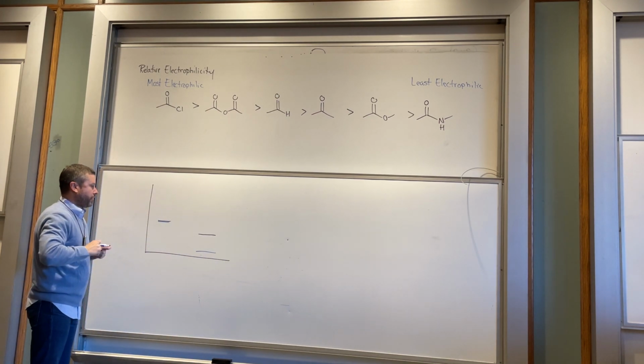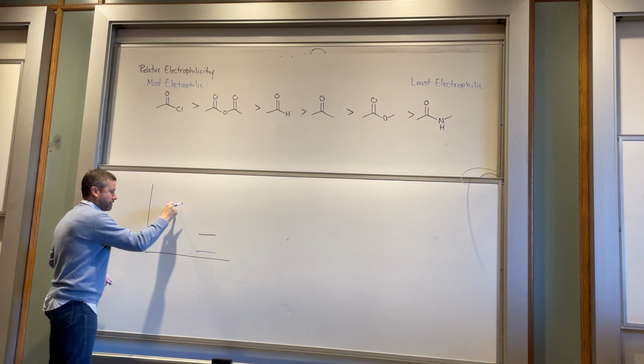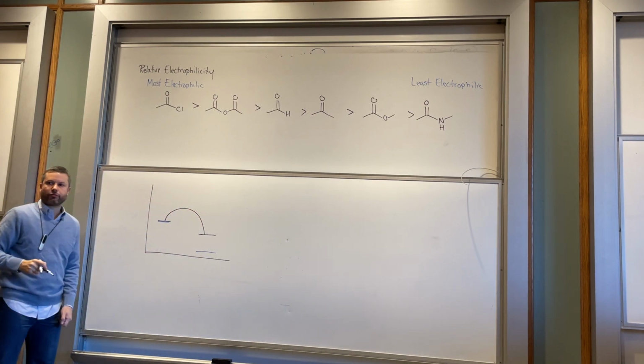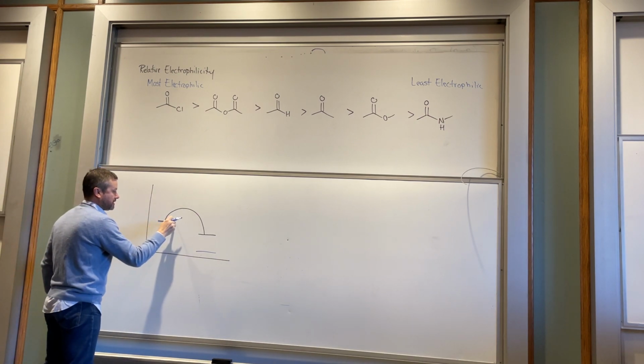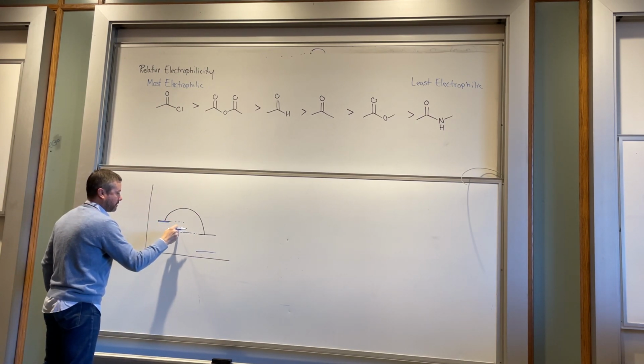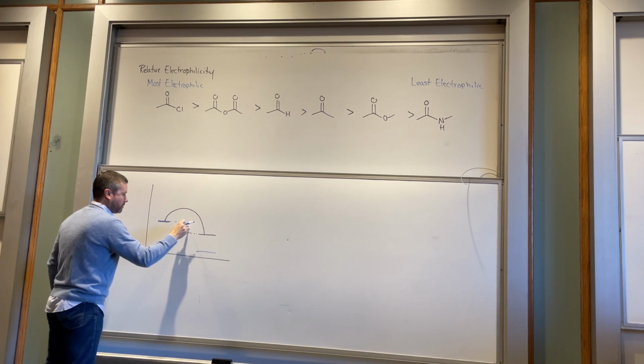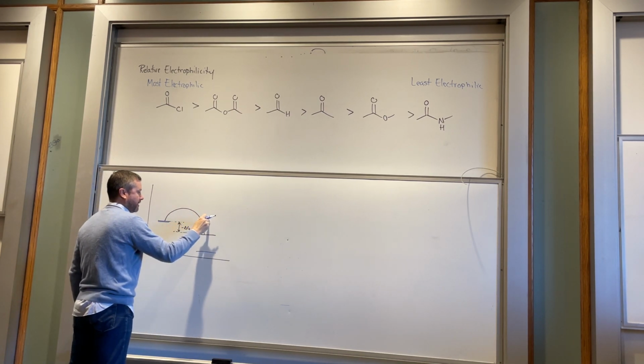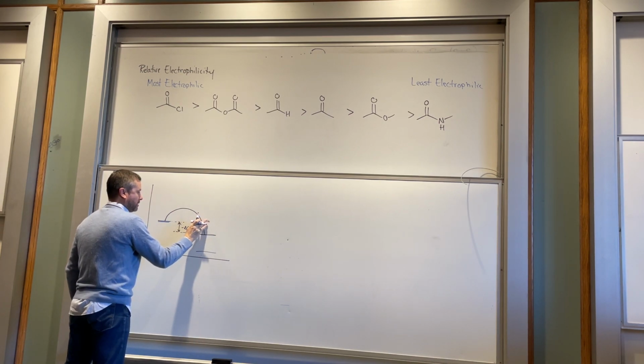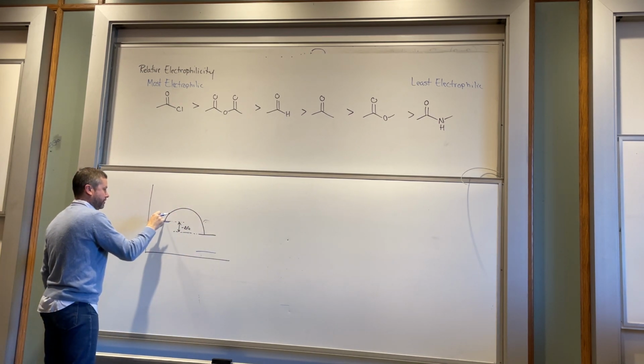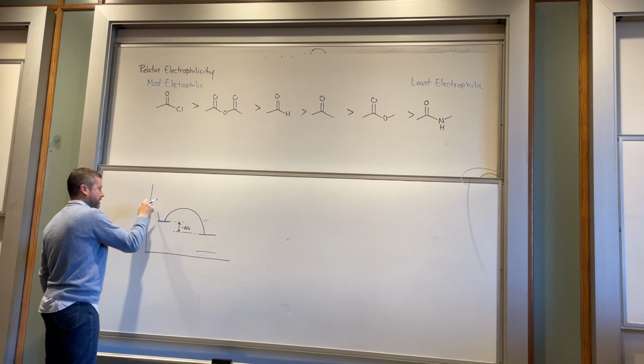Okay, so if we have a reaction, we're going to draw some kind of random pathway here. We can see that the delta G is negative, and we can identify this starting material as electrophilic.